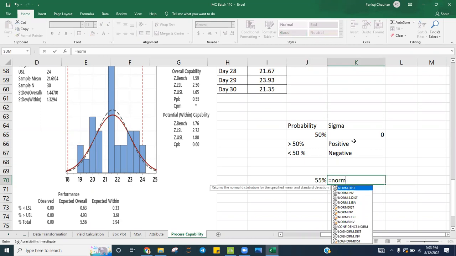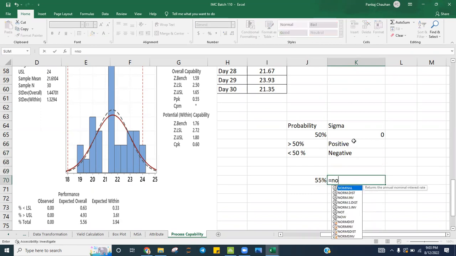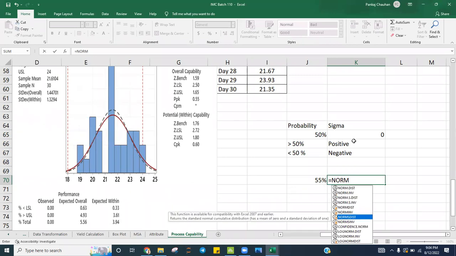Norm dist. If you use the formula, NORMDIST. Not NORMDIST. Norm S inv, no, Norm S dist.